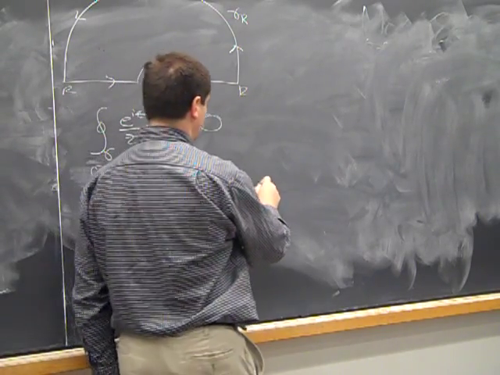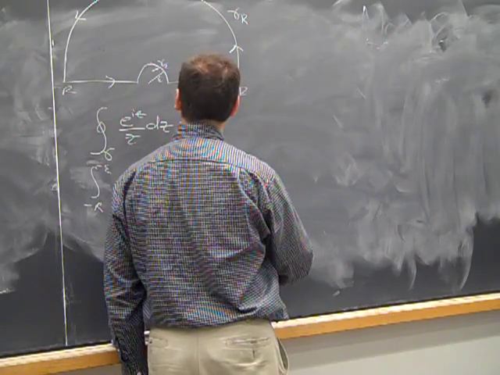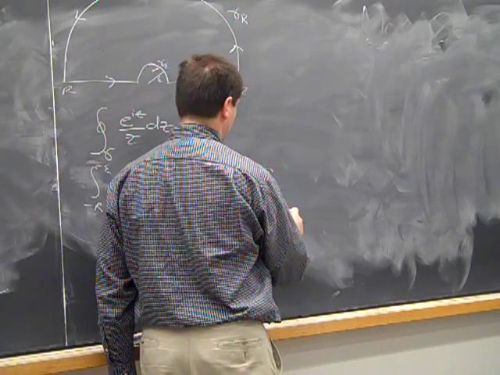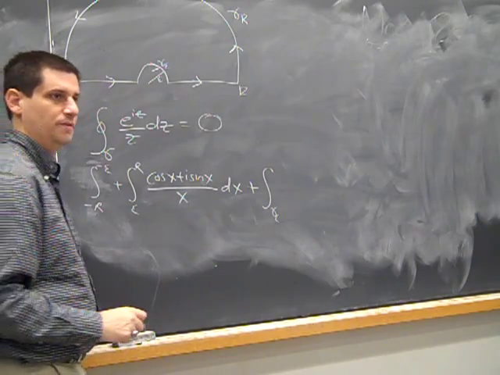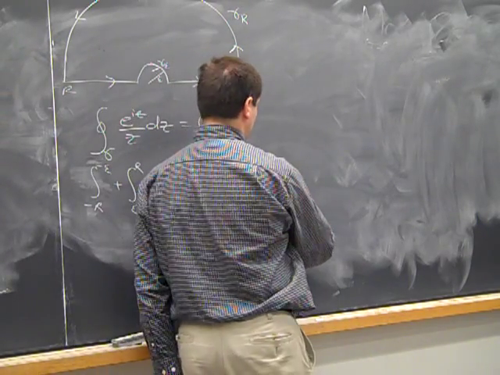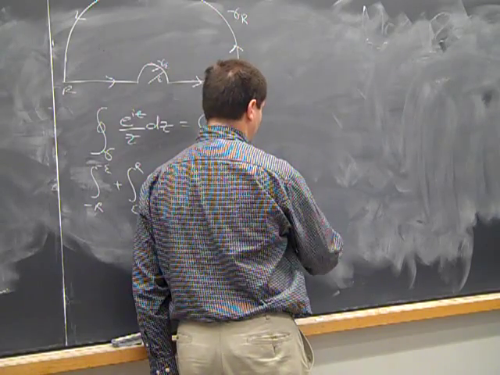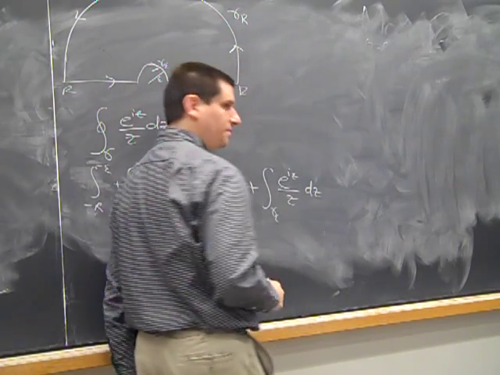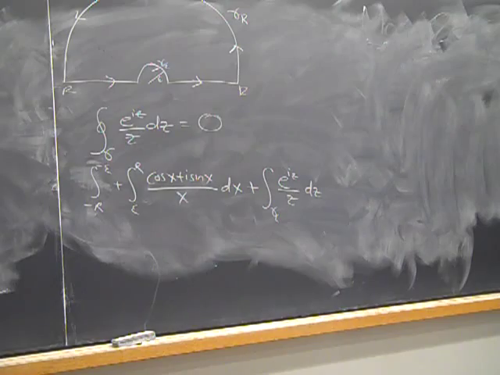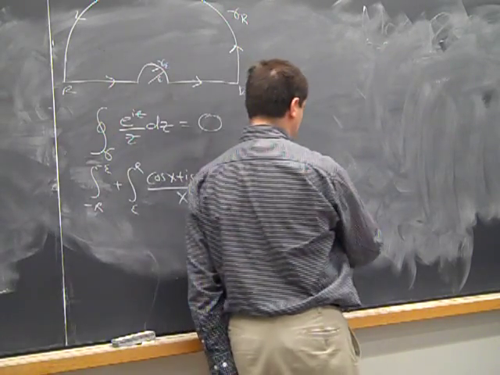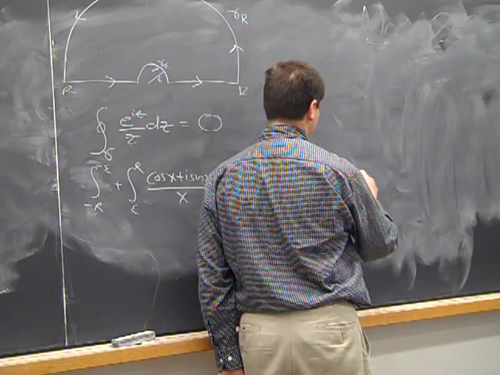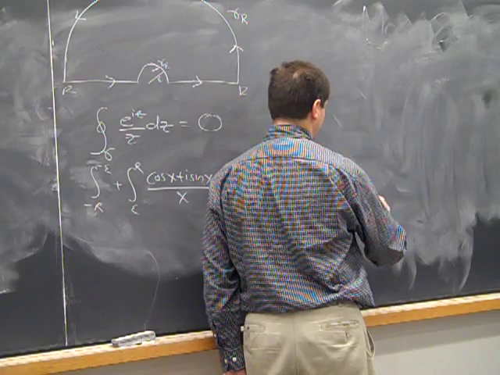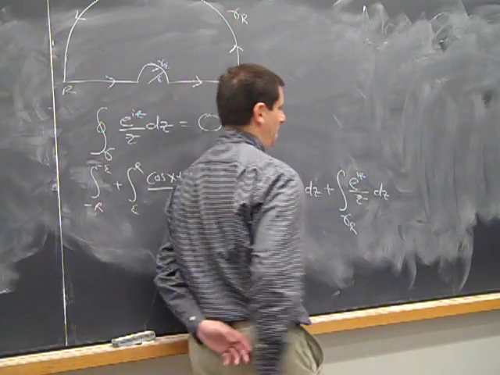Now I have plus the integral over gamma epsilon, and we have to remember gamma epsilon is going in the wrong direction, of e to the iz over z dz. And now we have plus the integral over gamma r of e to the iz over z dz.